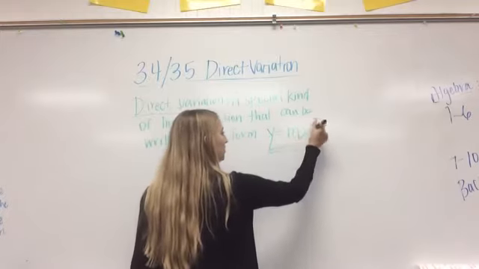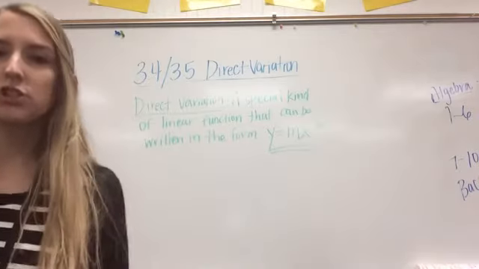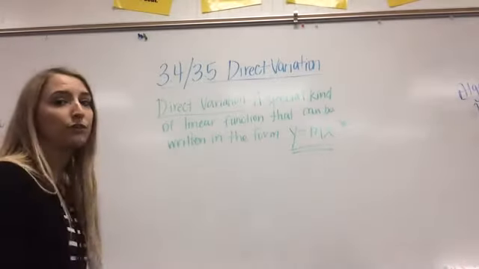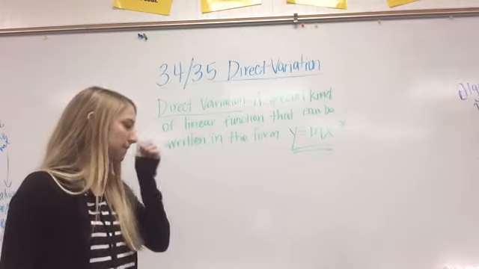This is so important. Okay, so make sure you copy that down. Direct variation is a special kind of linear function that can be written in the form of y equals mx.